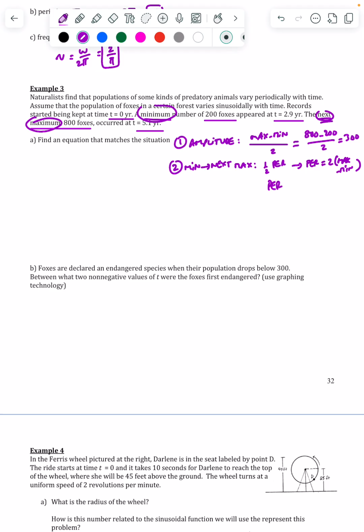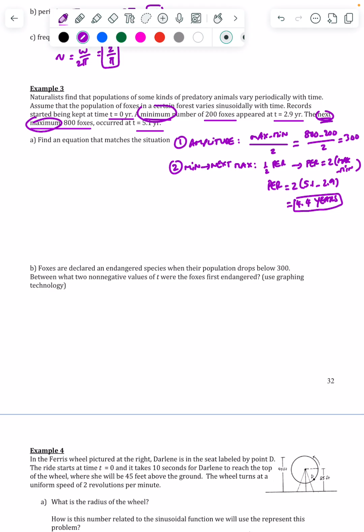So therefore the period is equal to 2 times, our max was at 5.1, min at 2.9. You subtract those, you get 2.2 and multiply by 2, you'll get 4.4 years. That's the length of one period.